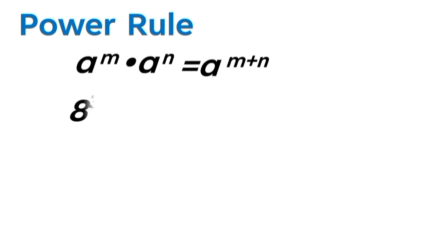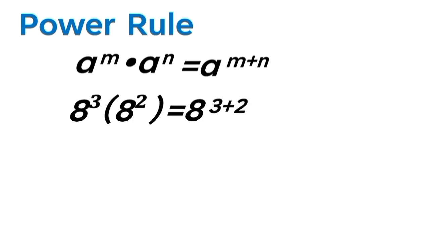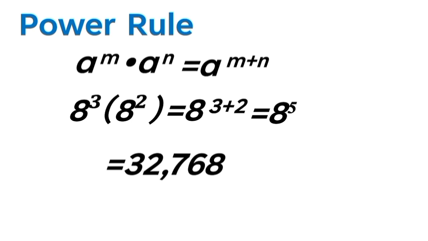So for example, we have 8 cubed times 8 squared. This is equal to 8 to the power 3 plus 2, which is 8 to the power 5, which is equal to 32,768. So it is a big number.